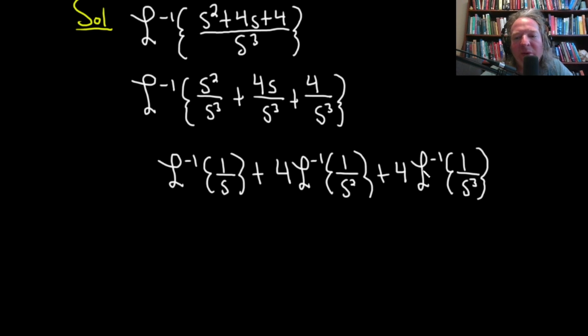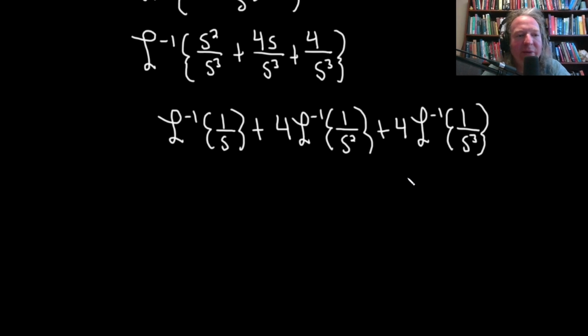All right, so let me refresh your memory on some of the formulas we're going to use in this problem. So first of all, this one is just going to be 1 because the Laplace of 1 is 1 over s. So the inverse Laplace takes 1 over s and sends it back to 1. So that's pretty easy.